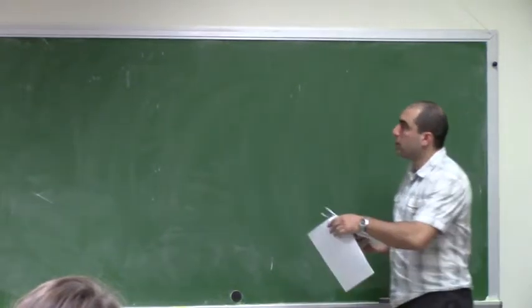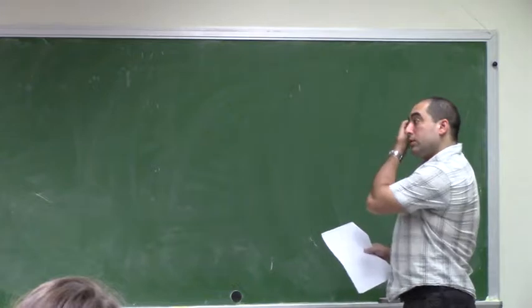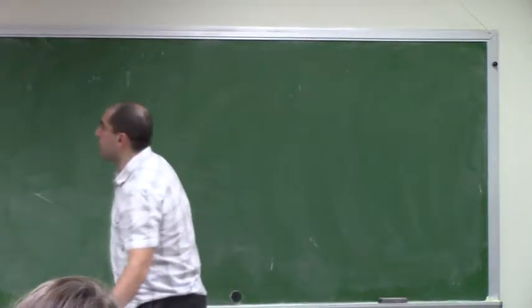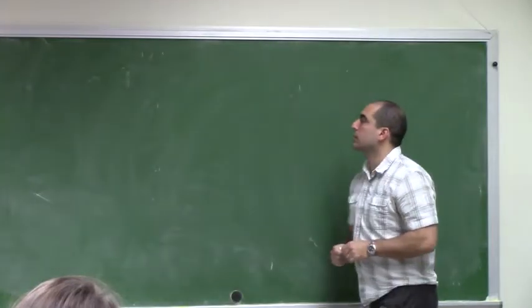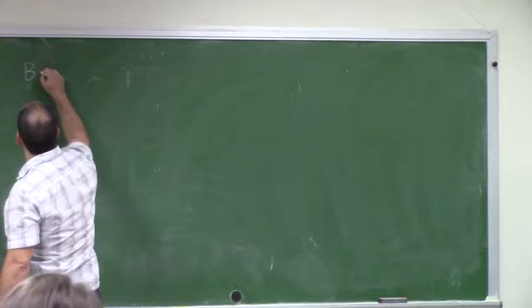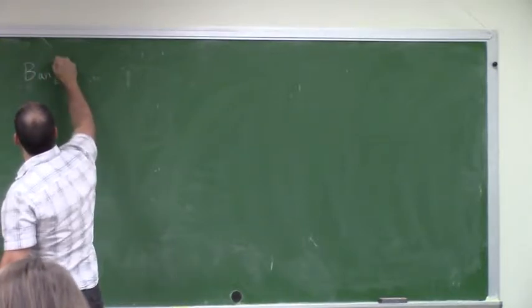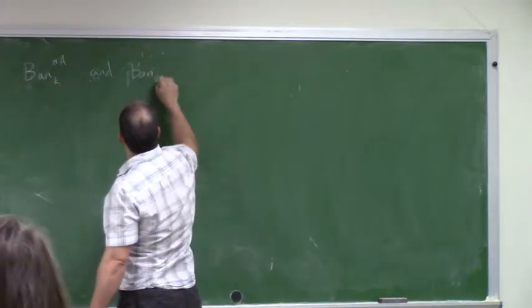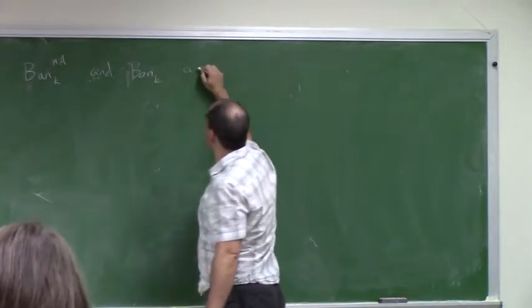Okay, so let me mention that Banach spaces, these categories, Ban K and the affinoid one, are examples of quasi-abelian categories.